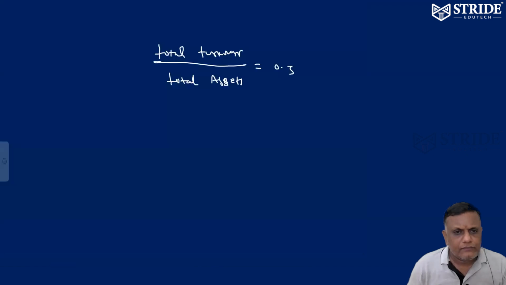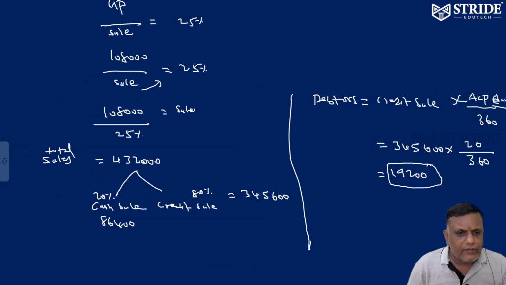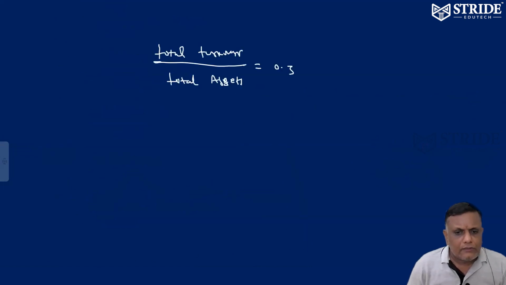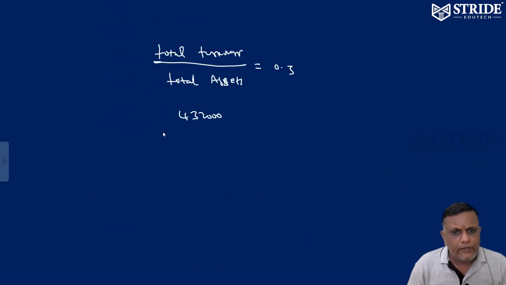What is total turnover? 4,32,000. That's it. Total turnover 4,32,000 by total asset, question mark. Total asset is going to be the question mark. That is equal to 0.3.